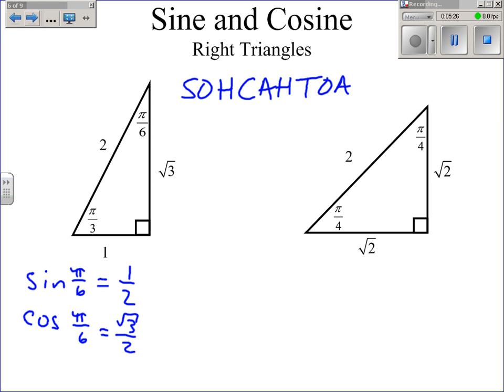This also means that sine and cosine for pi over 3 are flipped from pi over 6, since the opposite and adjacent sides are flipped. For pi over 4, since the angle is in an isosceles triangle, sine and cosine are the same. Both are root 2 over 2.